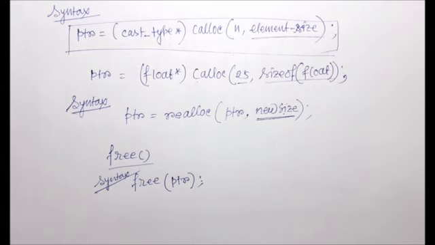Mostly in the case of a static array, we have seen that we face many problems. Suppose I have assigned an array of size 100, but I am using only 10 elements, so 90 places I have not used. That means that portion of memory is not used, but wasted.